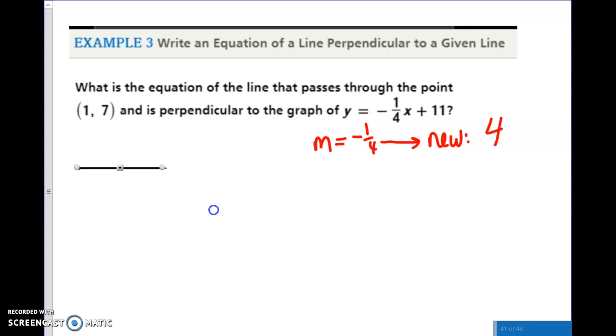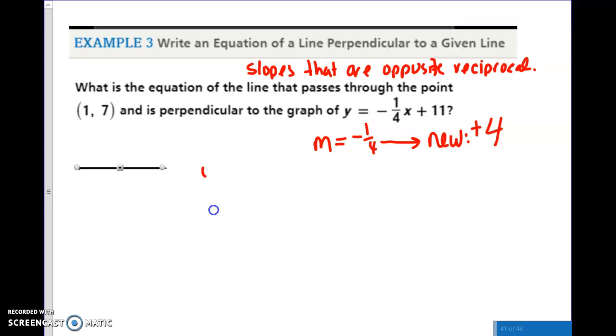So I'm going to change it from 1/4 to 4, and it's going to have the opposite sign. So perpendicular lines have slopes that are opposite reciprocals.